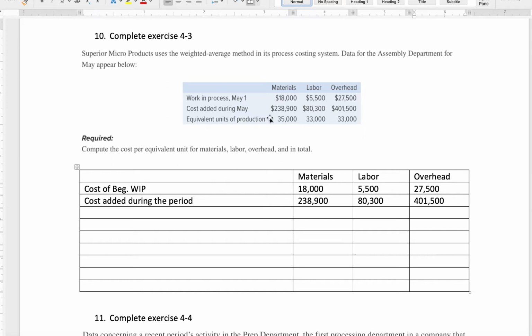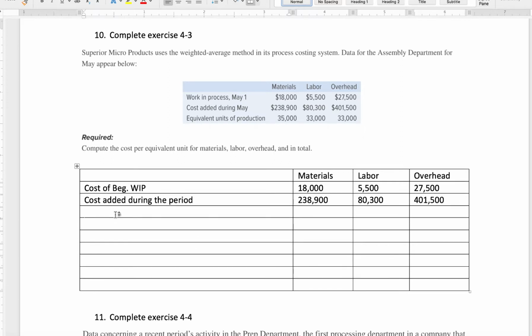$401,500, okay? So now I need to calculate the total cost. How do I do that? Well, again, with respect to material, labor, and overhead, I take the beginning costs, or the costs that were in beginning WIP, and then I add the costs that were added during the period.